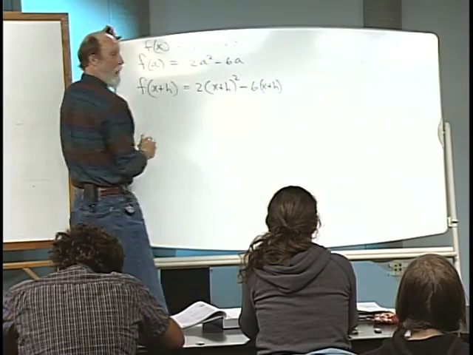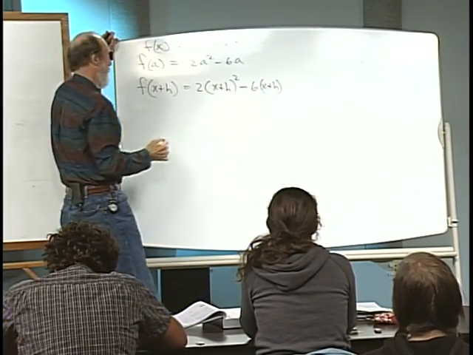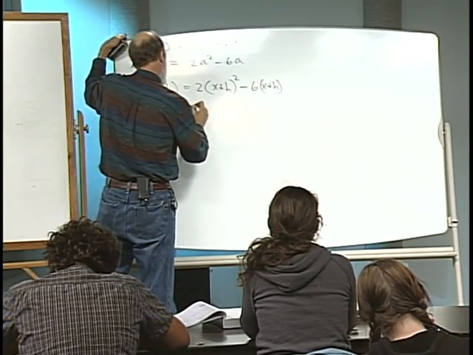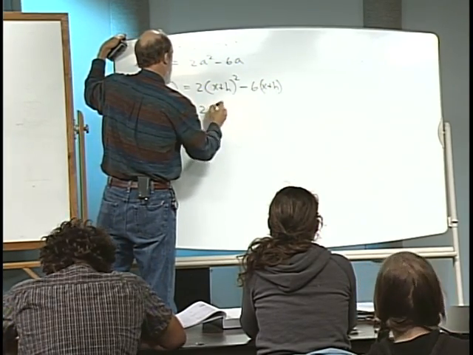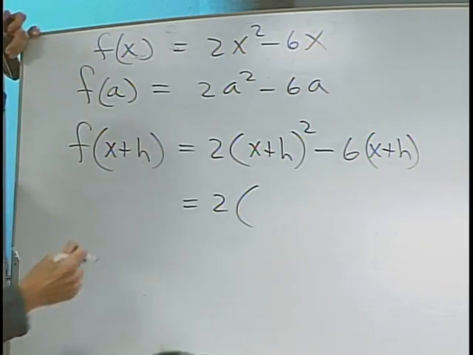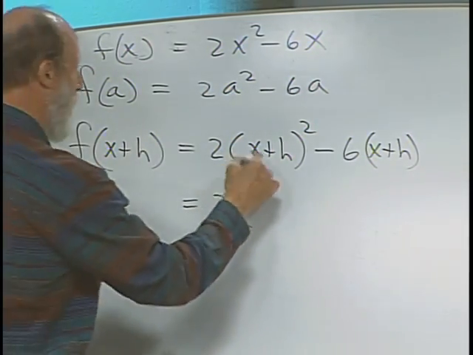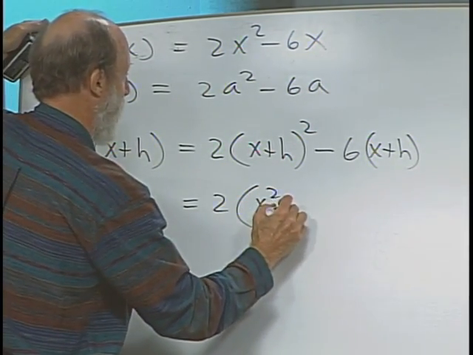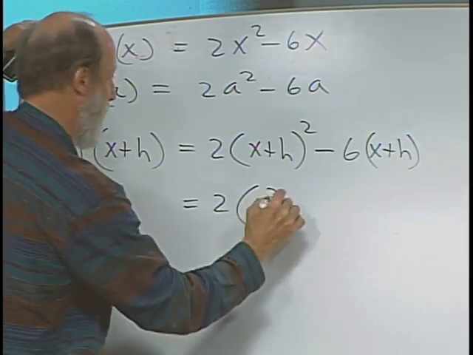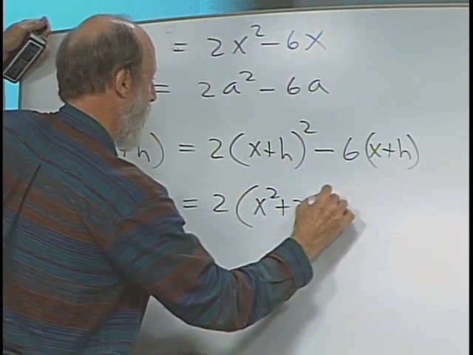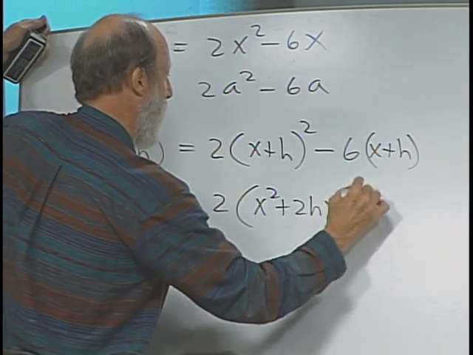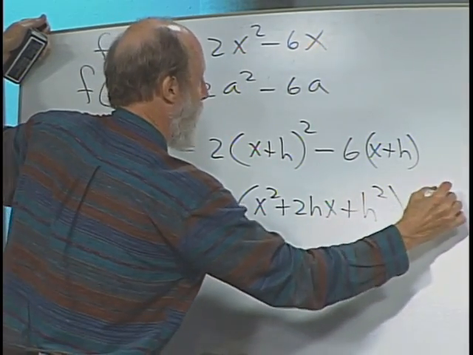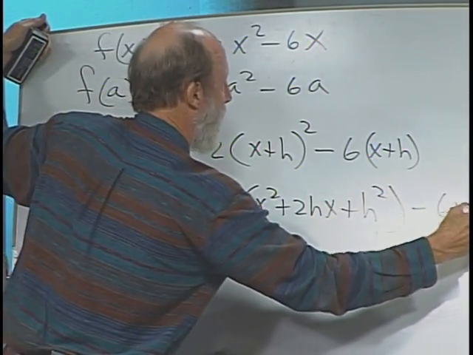Now, let's clean this up. Let's expand this thing. We're going to have twice, and we just went through binomial square, folks. Square the first, take the product, xh, and double it. So I'm going to write it as 2hx plus h squared minus, I'm going to go ahead and distribute that, 6x minus 6h.